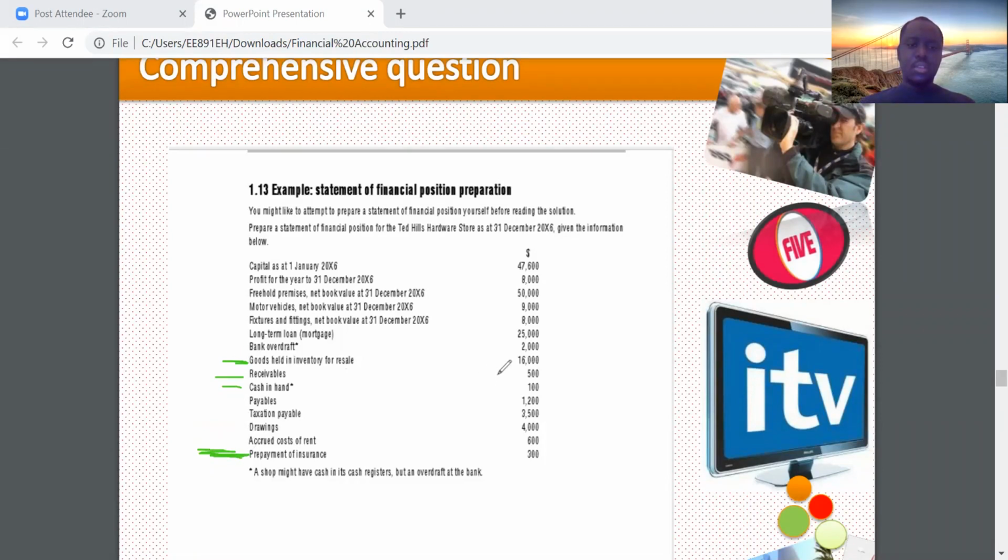So goods held in inventory for resale, 16,000. Receivables are your debtors. People owe you. They are also assets. Your cash, 100. And prepayment of insurance, 300.